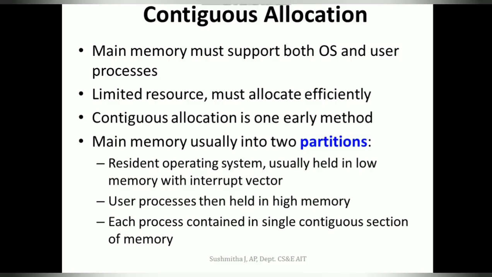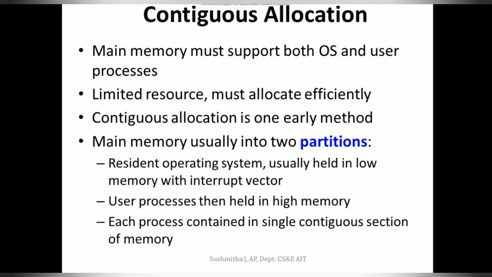So the memory is divided into two partitions, wherein one partition we have the operating system residing, and in the other partition we have the user processes, and each process is contained as a single contiguous section.